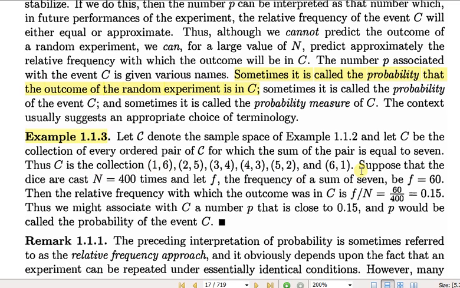Suppose that dice are cast n equals 400 times, and let f be the frequency of a sum of 7. If f is 60, then the relative frequency with which the outcome was in C is f per n, like this, we have 0.15. Thus, we may associate with C a number p that is close to 0.15, and p would be called the probability of event C.